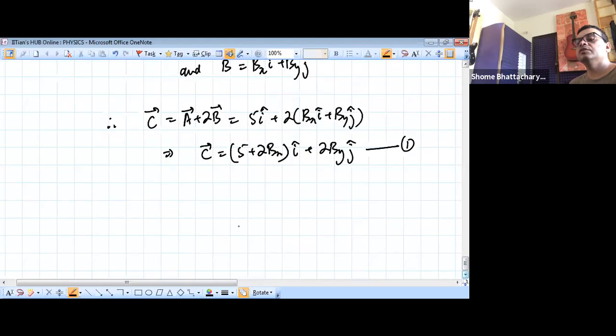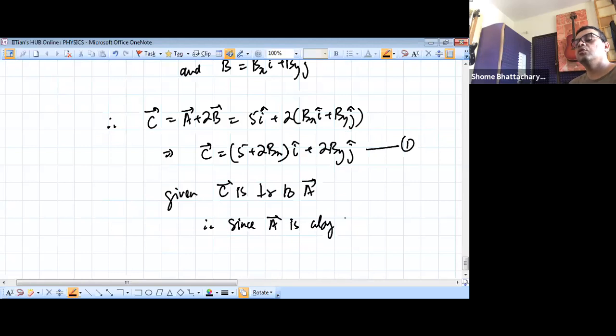Okay. Now, given that C is perpendicular to E, since E is along x-axis, it implies that C should be along the y-axis.